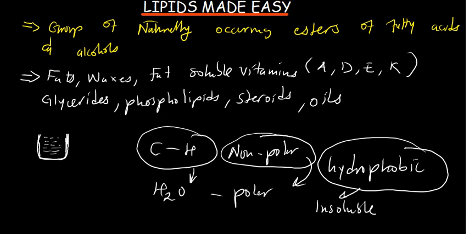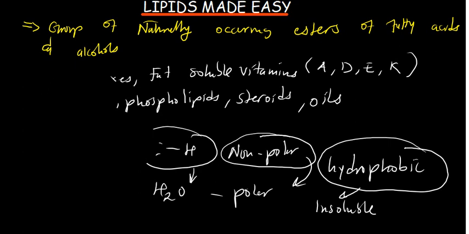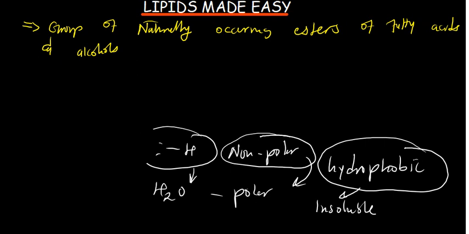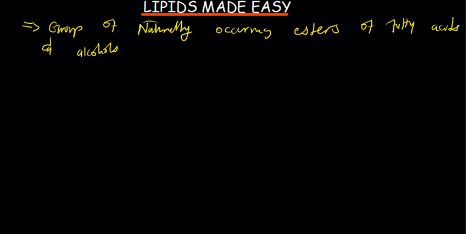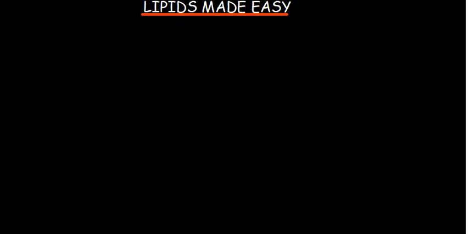Okay, so the many biological functions. Now, what are the many biological functions of lipids? We also need to understand that. Well, the many biological functions to a living organism of lipids is: one, they are there for energy storage.